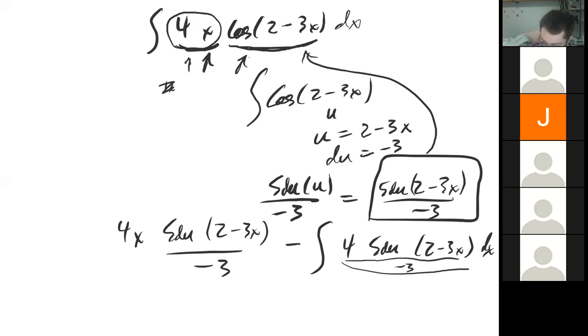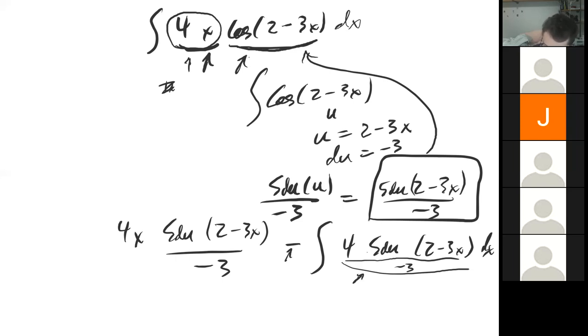I'm not going to go through the process of integrating this because you can do it, but I think it should look like this. You get a minus cosine from integrating the sine, you get another minus from pulling out the minus 3 inside of the sine, and then you have another minus from the 3 in the denominator, so that gives you 3 minuses plus a minus here, which gives you 4 minuses, and so that gives you a plus.